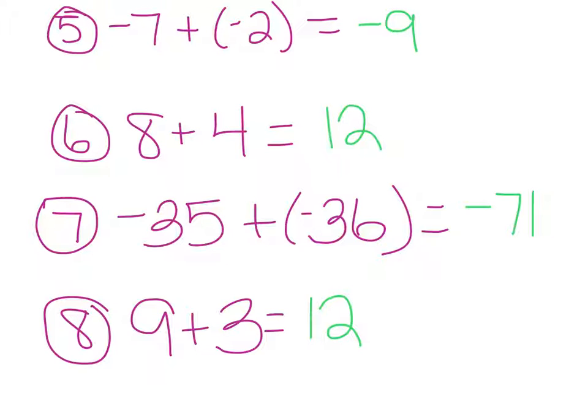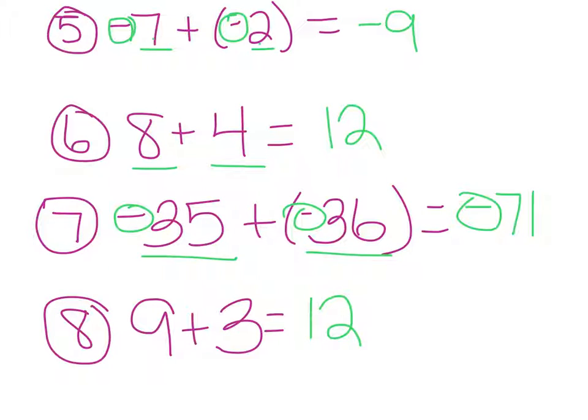Okay, so you should have gone through all of these problems yourself. Remember, on problem number 5, a negative plus a negative is going to give you a negative, and then 7 plus 2 gives us 9, so you get -9. 8 plus 4 gives us 12, and then on number 7, a negative plus a negative gives us a negative, and 35 plus 36 is 71.